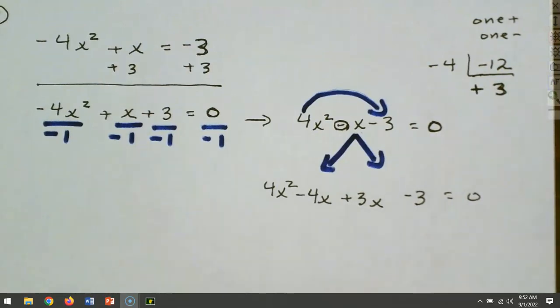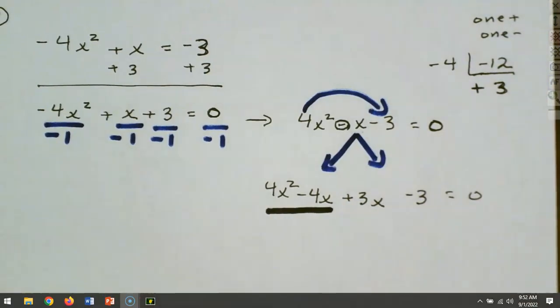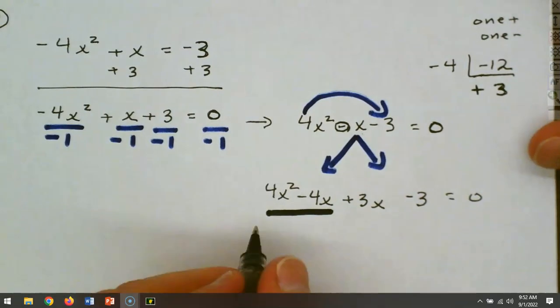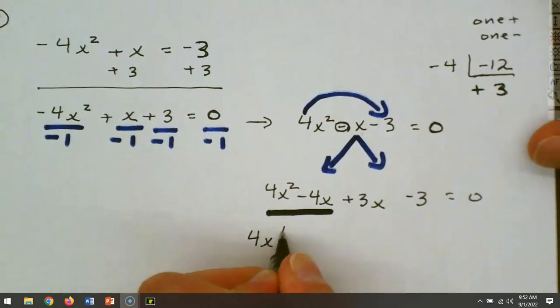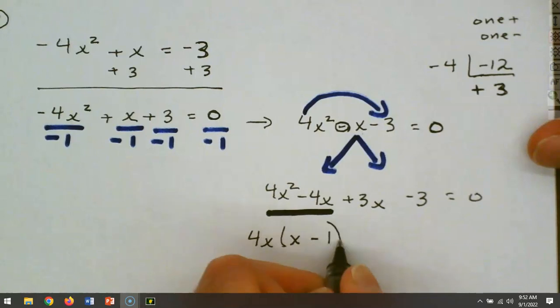We group the first two together and see what's in common and what we can factor out. What can we factor out of here? 4 and an x. That leaves you with x minus 1.